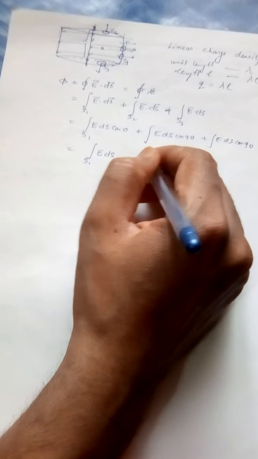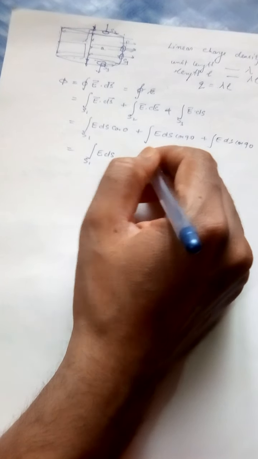Now phi equal to integration of E dot ds is equal to Q by epsilon naught. We have solved E dot ds, and that is E integration of ds. What is Q? Q is lambda L by epsilon naught.